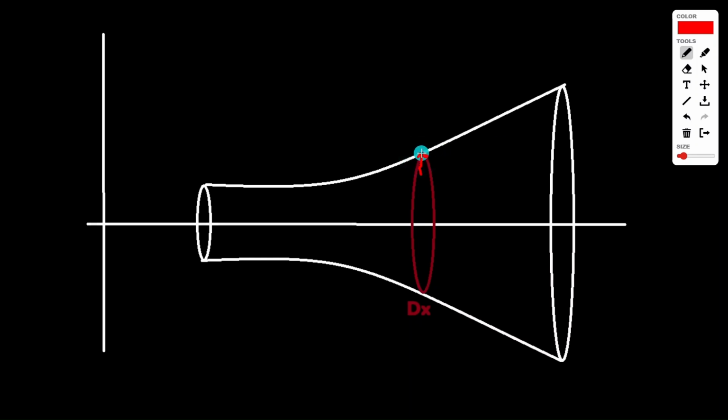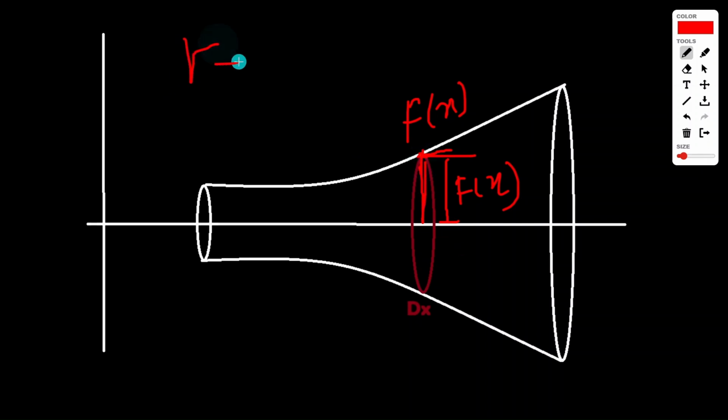Look at this. This point is obviously f of x, right? And from here to here, that's what the radius is going to be. This entire thing is going to be f of x.